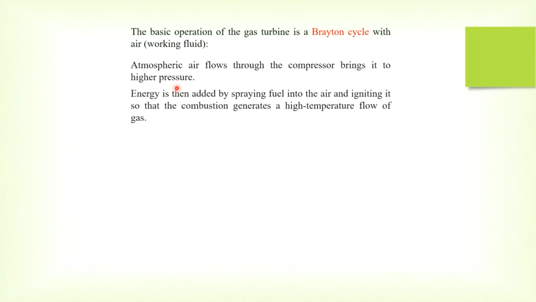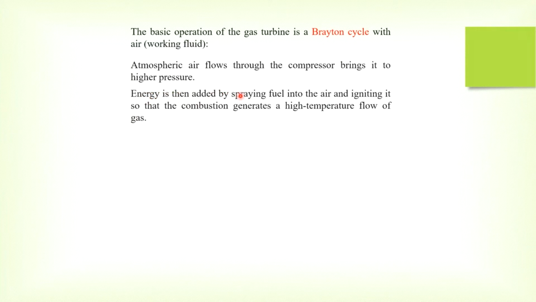So the basic operation of the gas turbine is called a Brayton cycle with air as the working fluid. So basically it starts with the Brayton cycle. Now atmospheric air flows through the compressor, which brings it to higher pressure and also higher temperature.